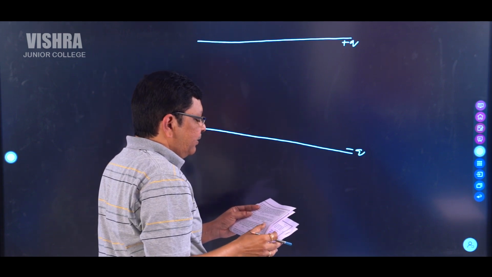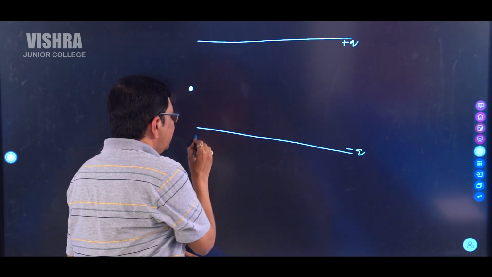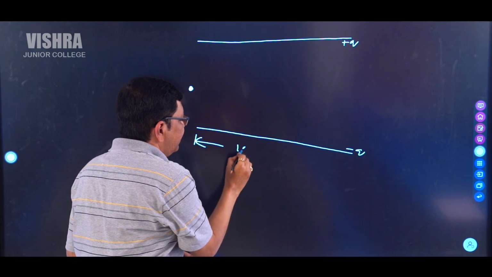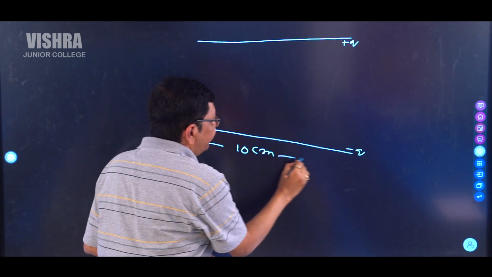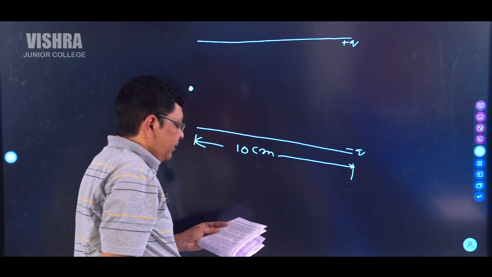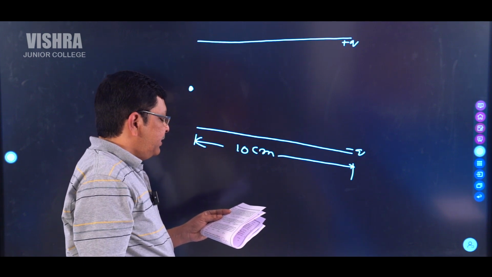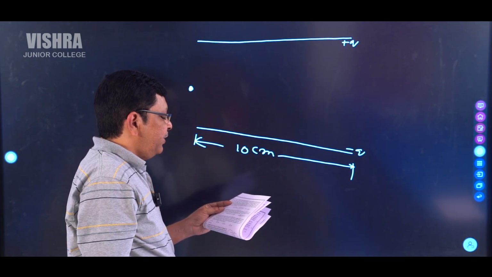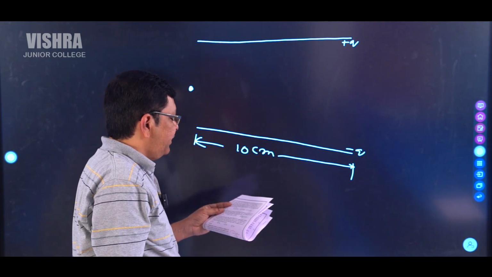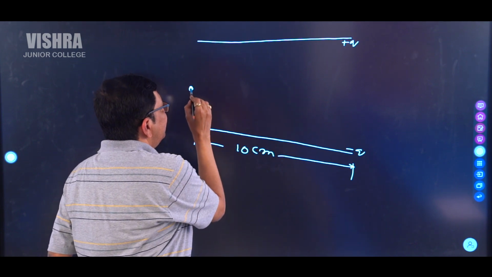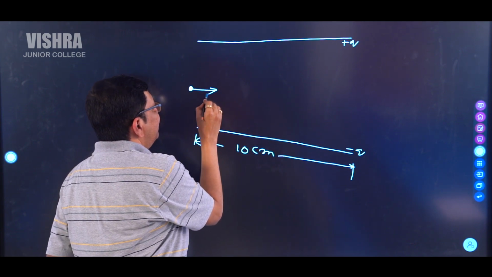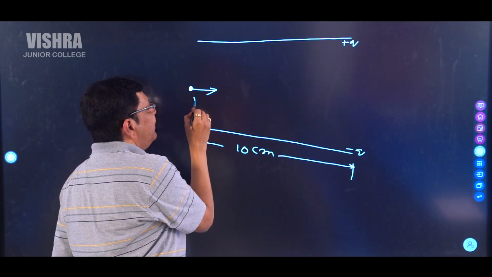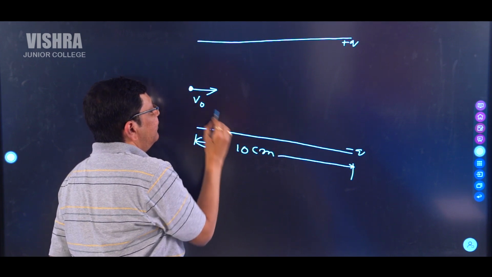And second thing, the length of each plate is given. This is 10 centimeter in the problem. And the electron emerges out of the electric field region with a horizontal component of 10 power 6 meters per second. Imagine some velocity is given to this electron horizontally, v0.